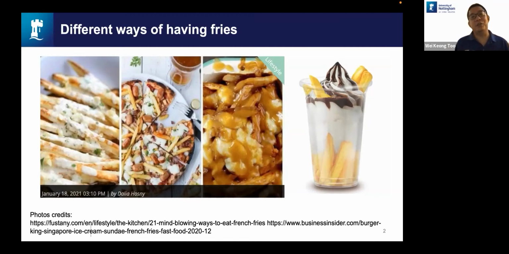Now, in different countries, there are different ways of putting them together. There are different ways of presenting it, as well as some unique and ingenious way of thinking outside the box, to help us look at what the nation is like.